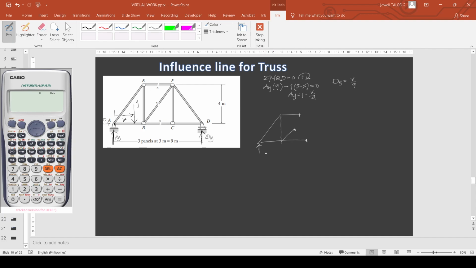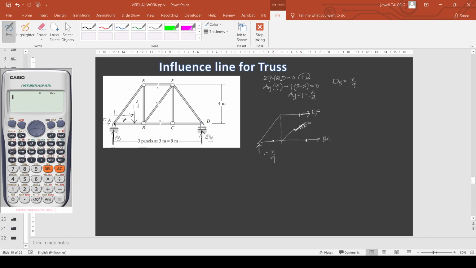Always assume tension. So this is EF. This is BF. And this is BC.